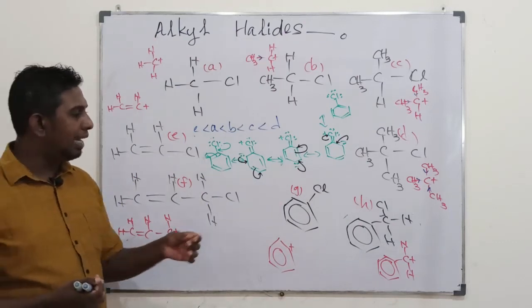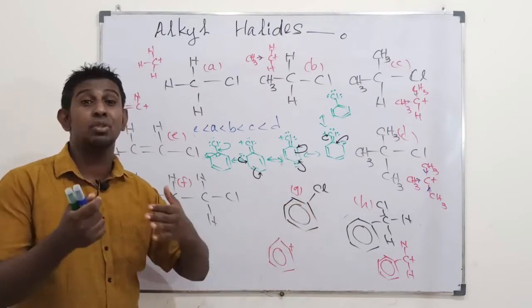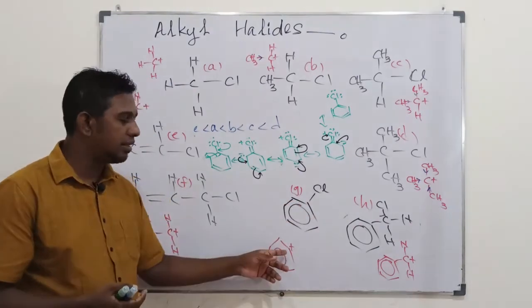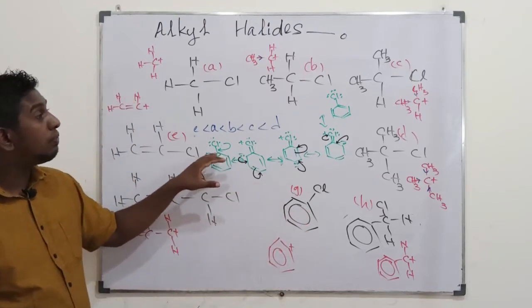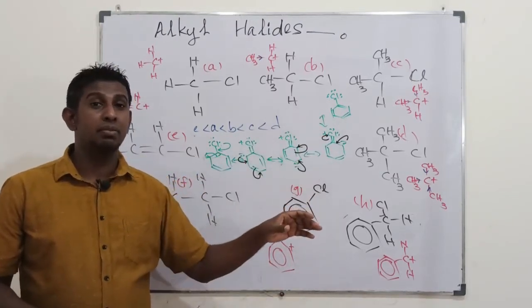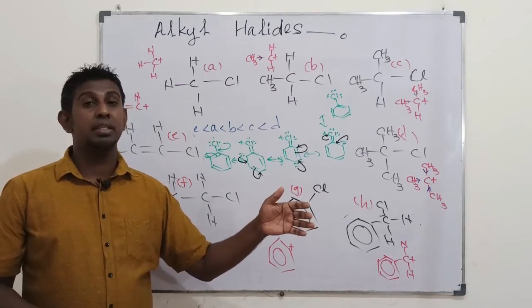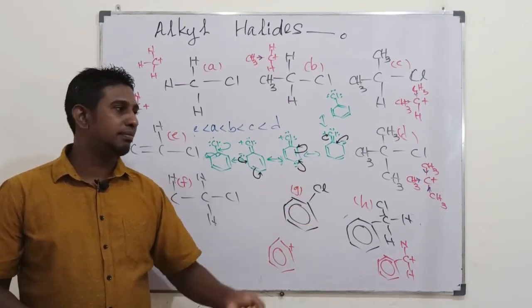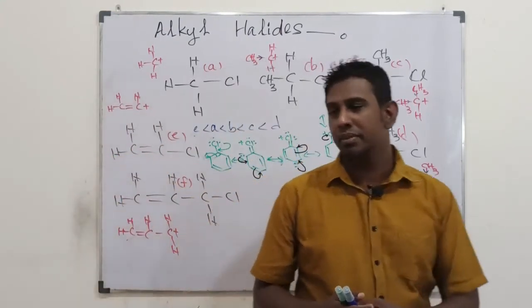So if you let this chlorine leave as chloride, then you get this positive charge on benzene. Then all those 5 resonance structures would not be formed. Those 5 resonance structures are hindered.